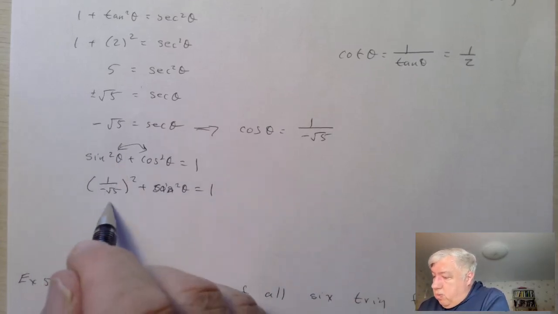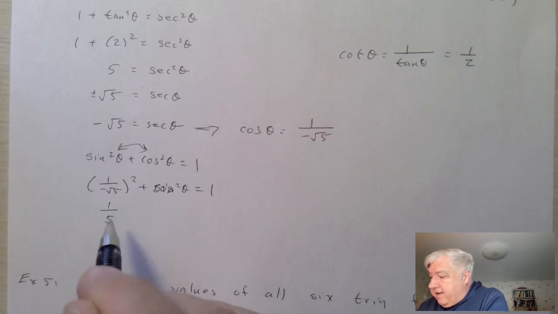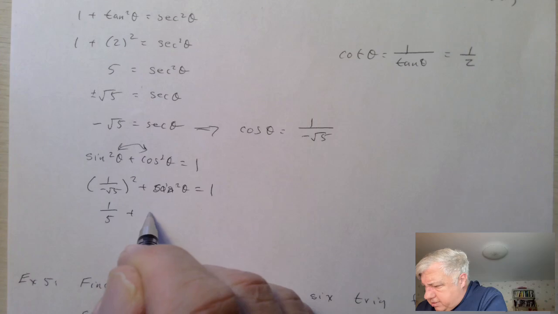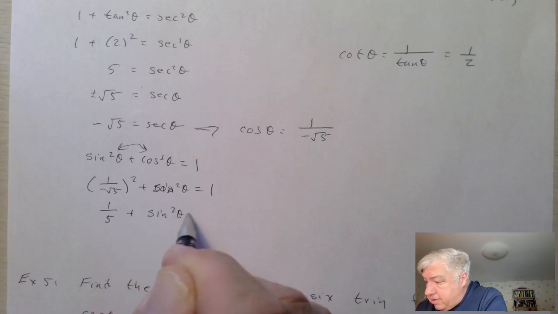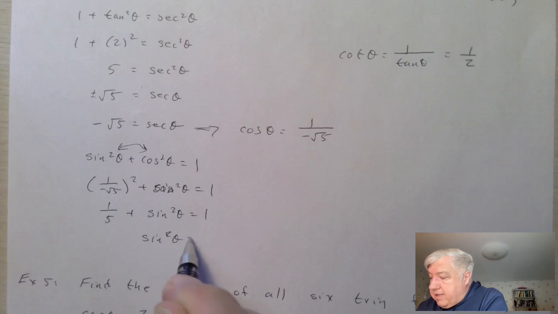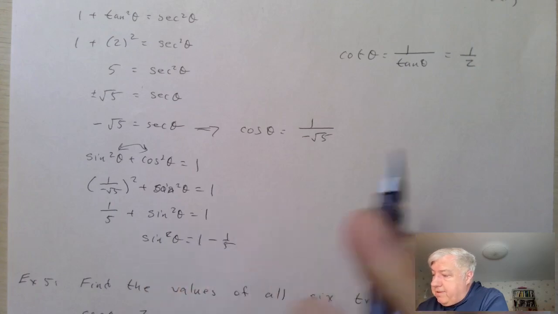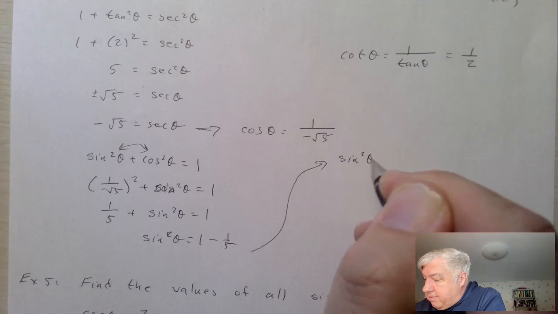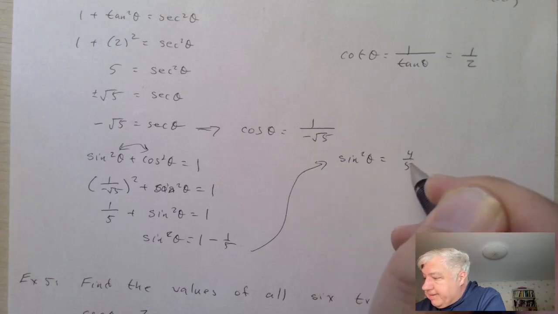We square this, which is 1 over 5, plus sine squared equals 1. So sine squared of theta equals 1 minus 1/5, which means sine squared of theta equals 4/5.